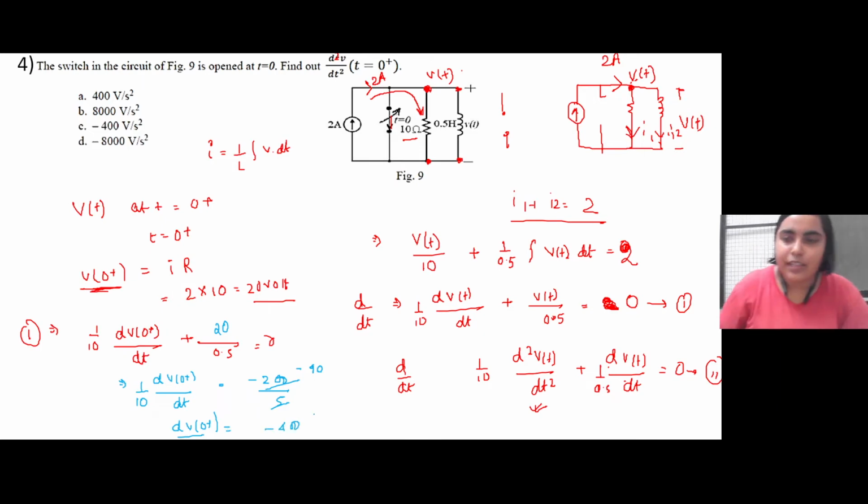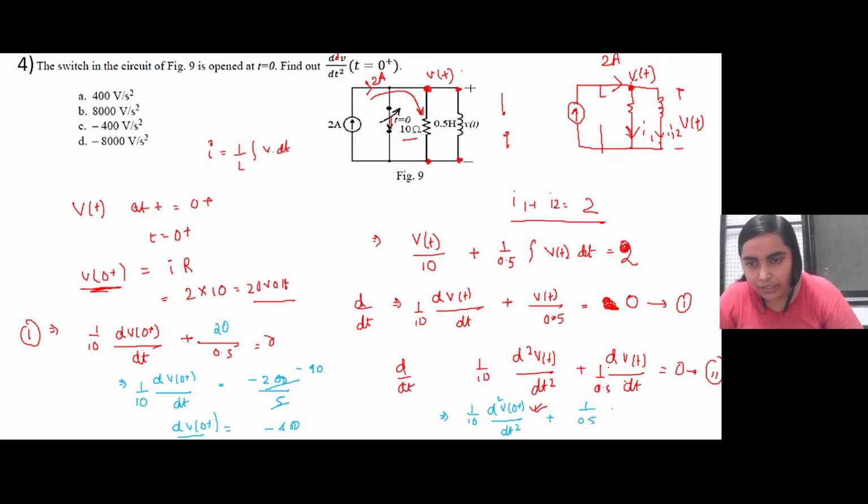Now we plug this in equation 2. When we put it in equation 2, it is 1 by 10 d square V 0 plus by dt square plus 1 by 0.5 into this is minus 400 is equal to 0. So if we just rearrange it, I'll just write it here.